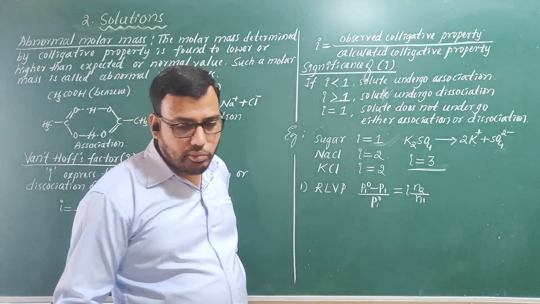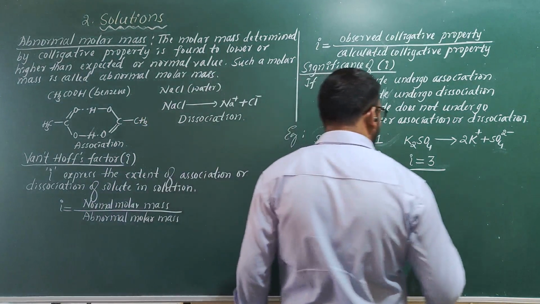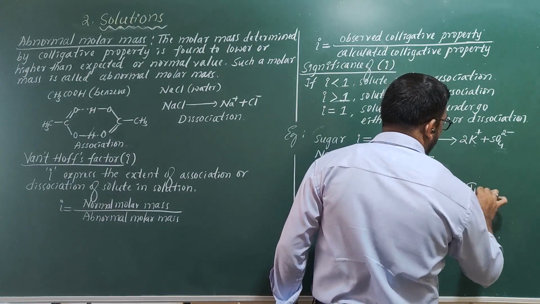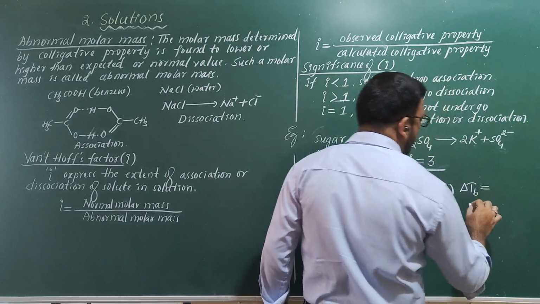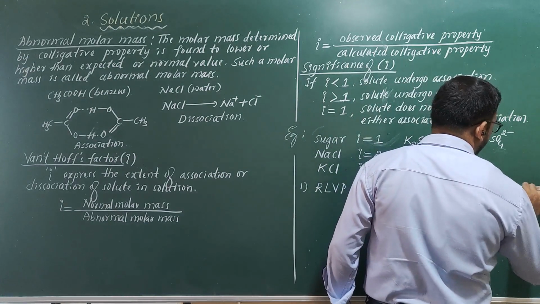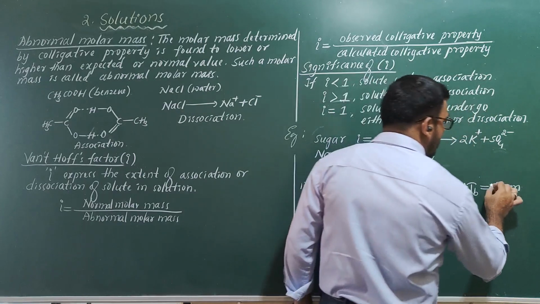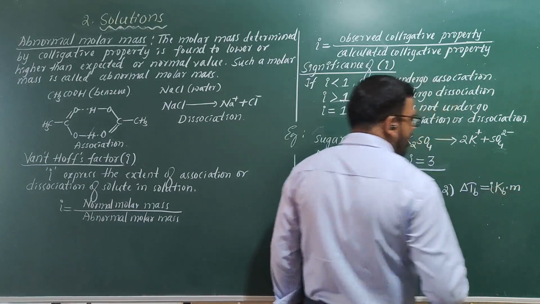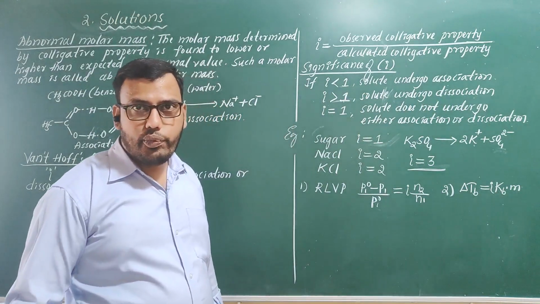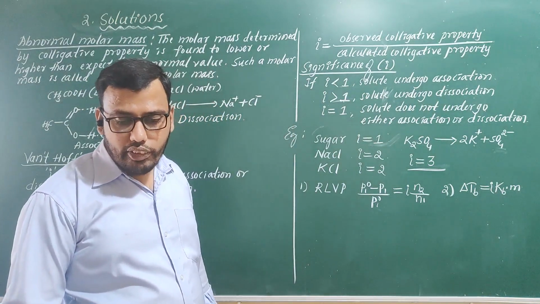Similarly, for elevation of boiling point, delta Tb is equal to Kb into m, so multiply the right hand side by the i value when it is given.